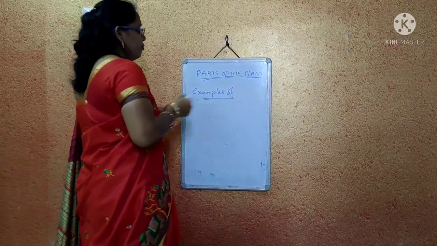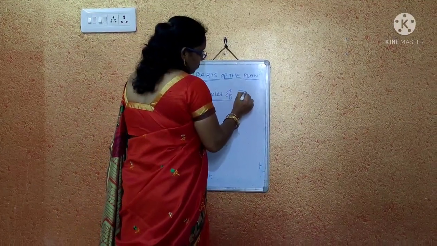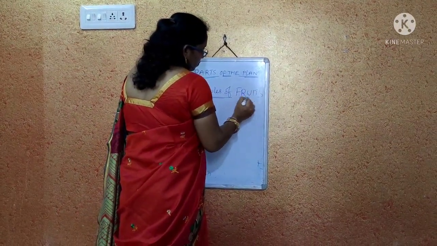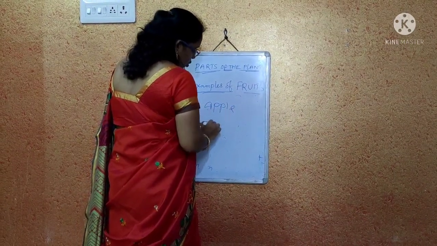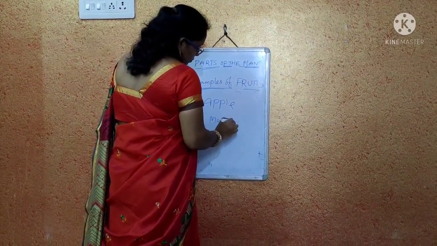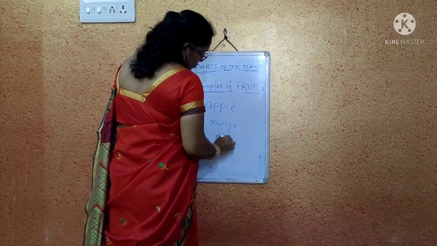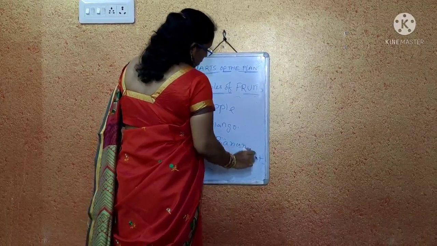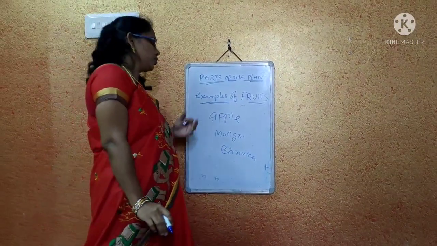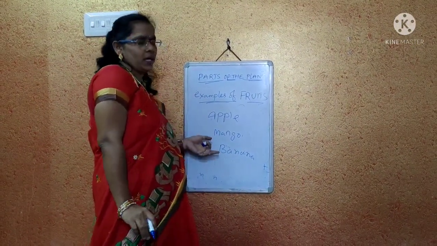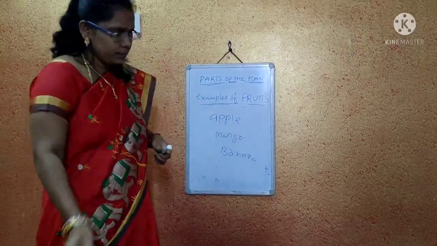Examples of fruits: apple, mango, banana, and so on. What are the examples of fruits? Apple, mango, banana, and so on. Okay.